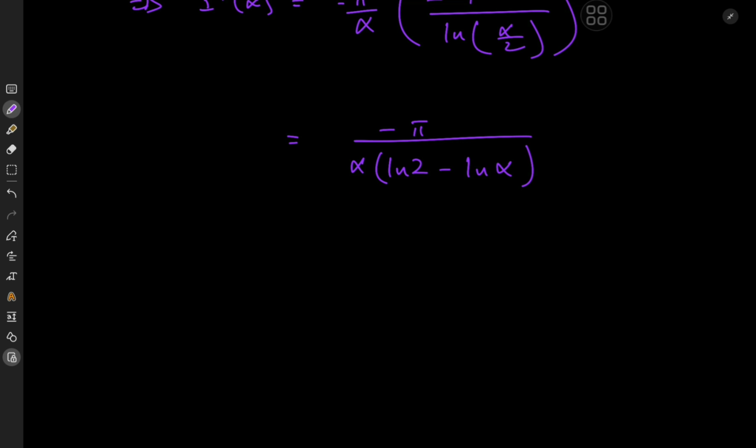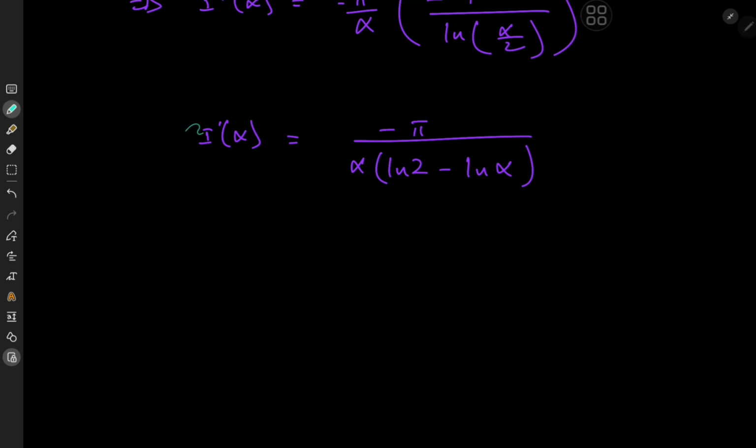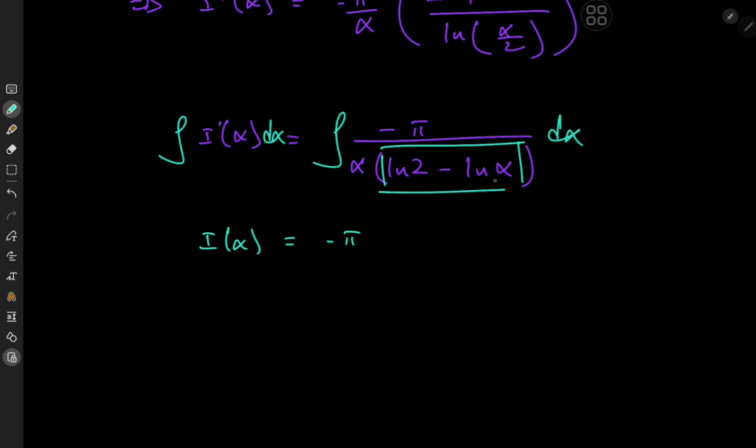Anyway, so we have this structure for the derivative of I with respect to alpha. And now that we have the derivative completely in terms of the alpha parameter, we'll integrate this with respect to the parameter to recover back the integral function. So we have I of alpha, and this here equals negative pi times, we have this function in the denominator, and if you differentiate this with respect to alpha, we get negative 1 by alpha, correct?